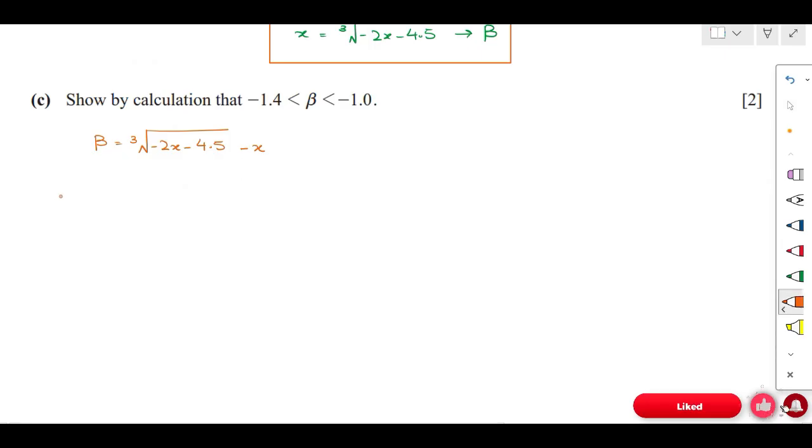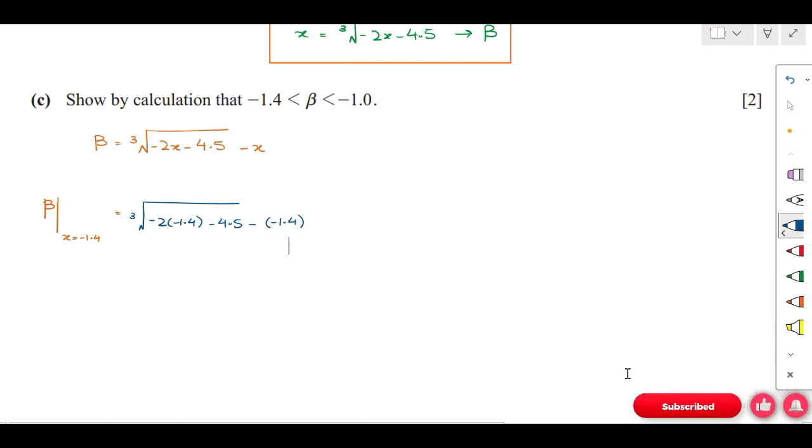Okay, so what is beta at x equals minus 1.4? We can say the cube root, I can use a different color pen. So the cube root of minus 2 times minus 1.4 minus 4.5, minus minus 1.4.